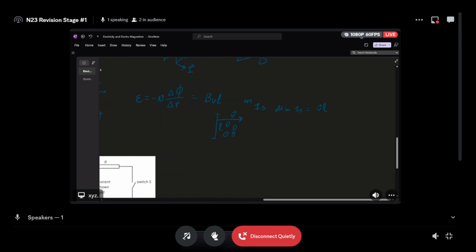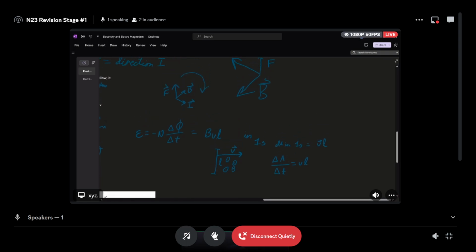So this is essentially the change in area with respect to time. So dA over dt is equal to vL.